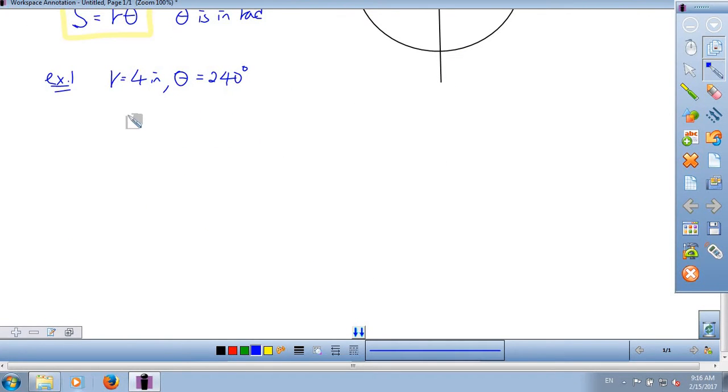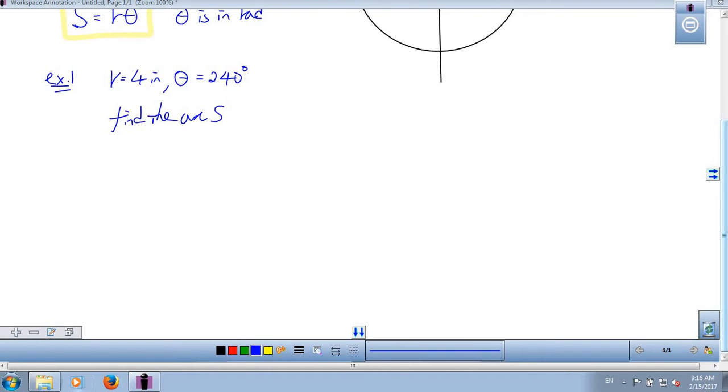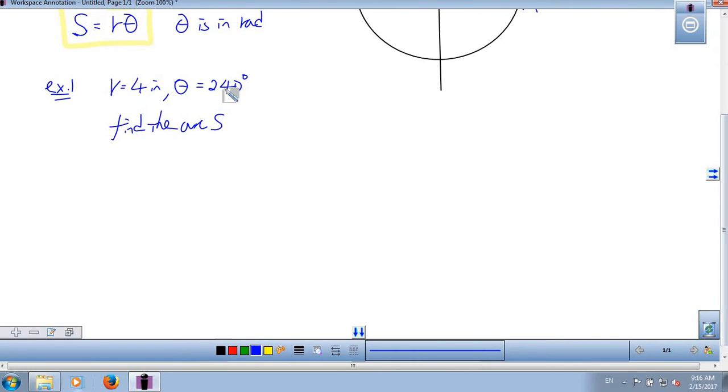Now, first of all, if we look at the formula, S equals R theta, we realize theta has to be in radian. We don't have radian right now, so we need to convert theta into radian first.